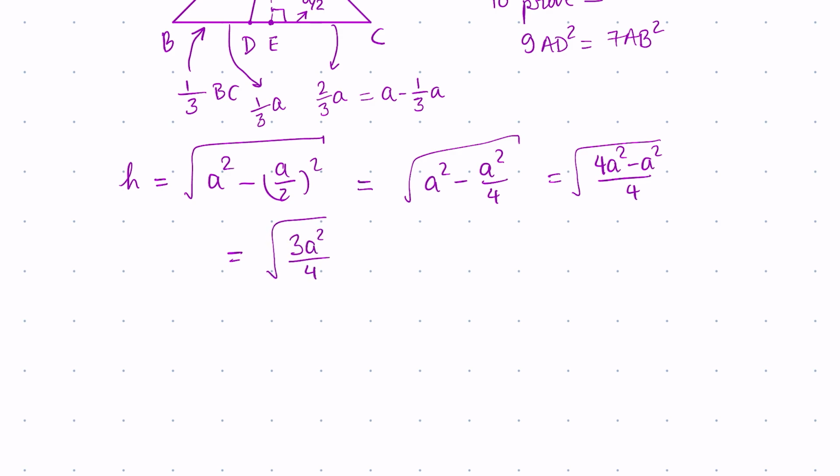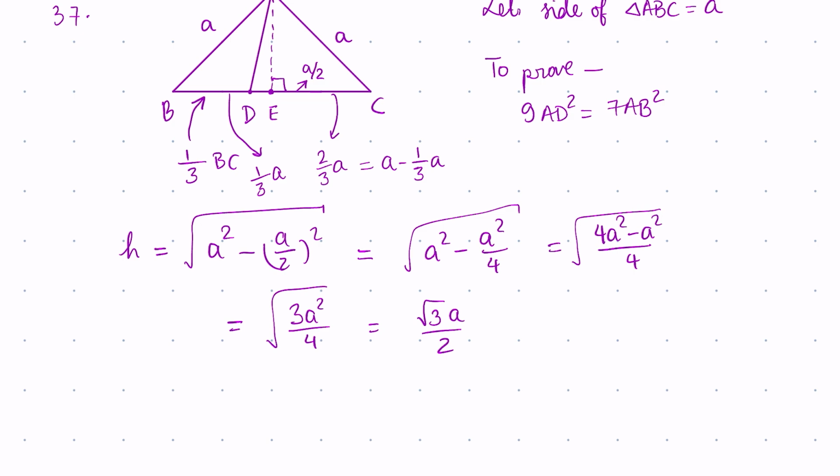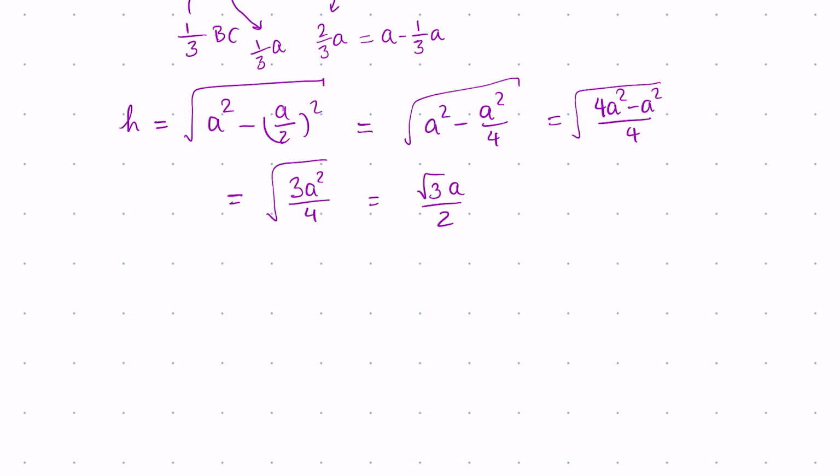So this gives us root 3a divided by 2. Okay, so that's the height. Height is root 3a by 2. Okay, it'll come in handy later on.